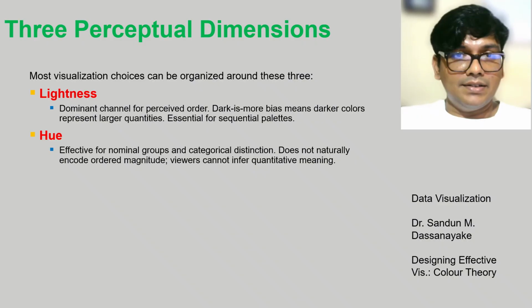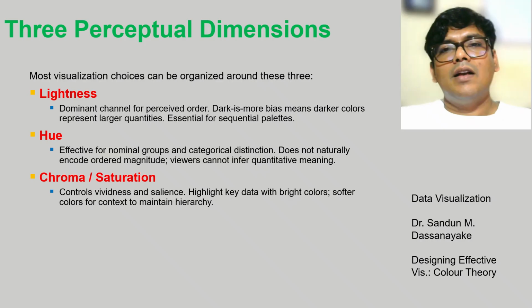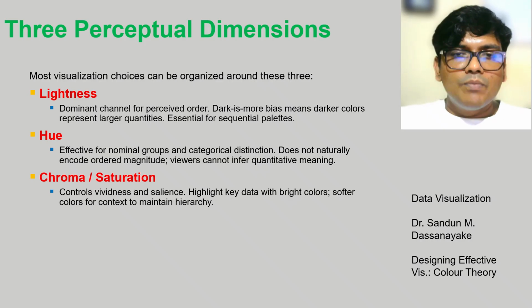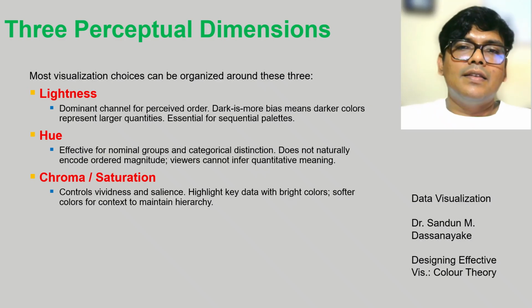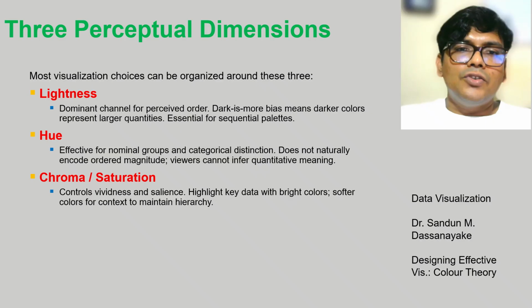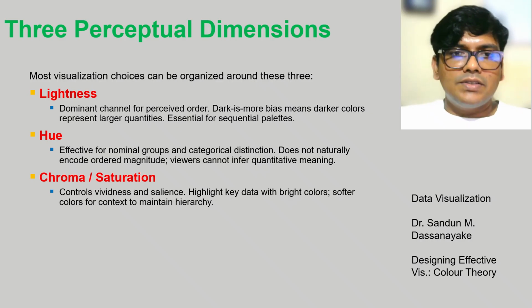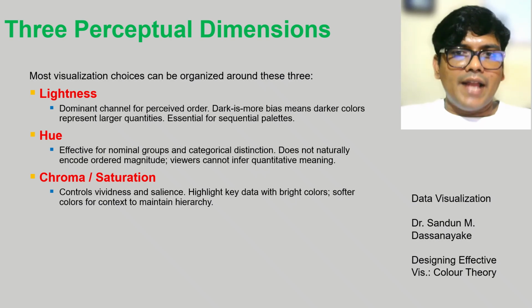Finally, chroma, or saturation. It controls attention. Bright, vivid colors pull the eye. Desaturated, muted colors support context without competing for attention. Use this hierarchy deliberately. Emphasize your signal with saturation, order your data with lightness, and separate categories with hue.